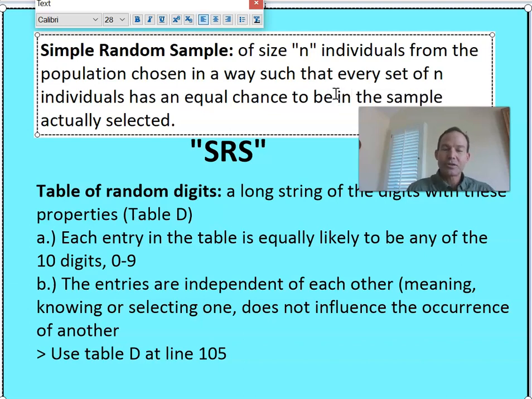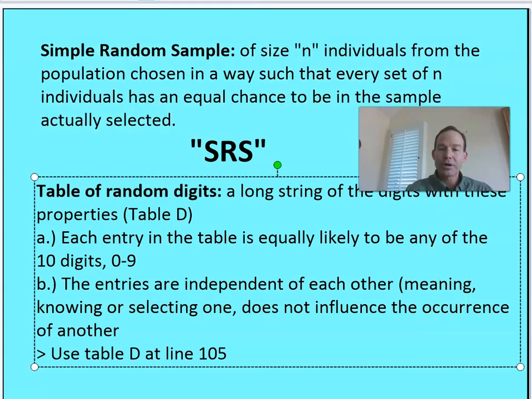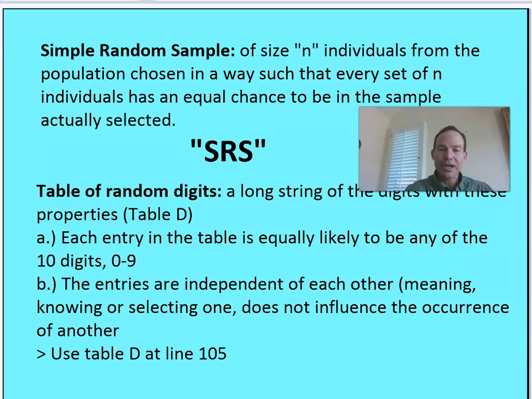So we're selecting n people, and those n people have an equal chance to be in the sample as everybody else. We call that a simple random sample. So let's say we have 1,000 people, and we randomly pick 50 people. Each individual has the same likelihood of being chosen as all the other people in the survey.